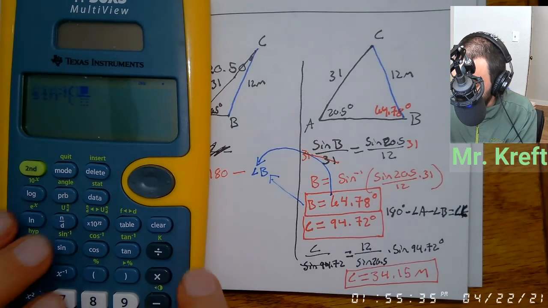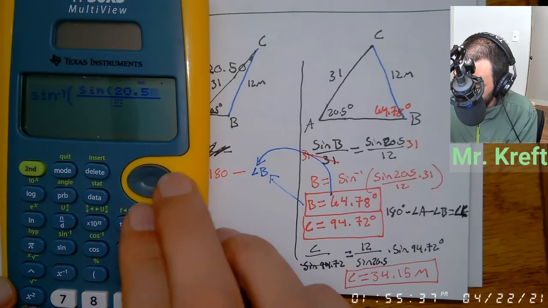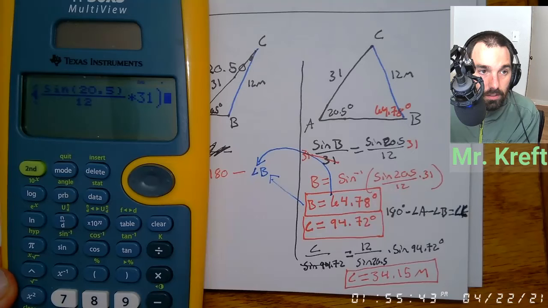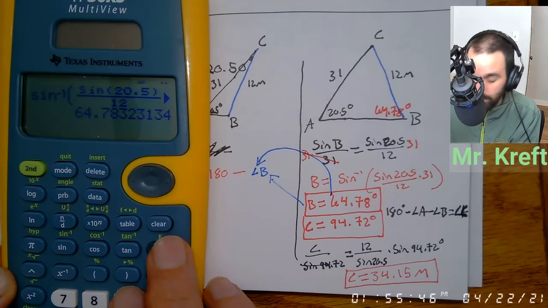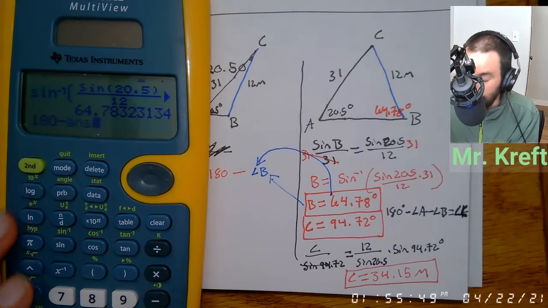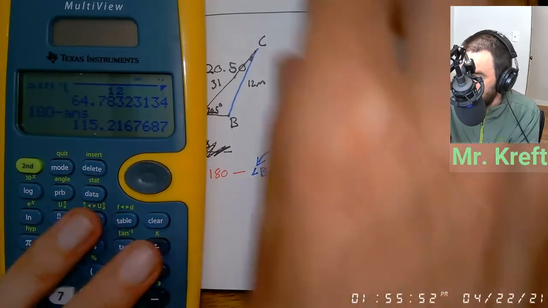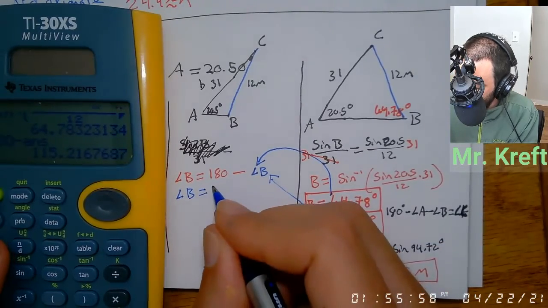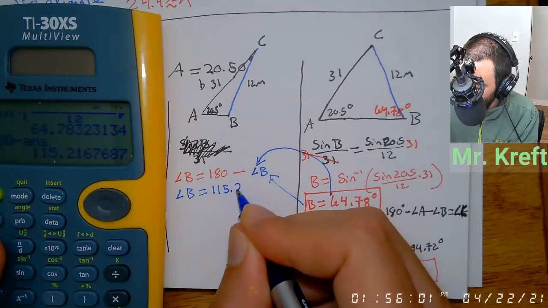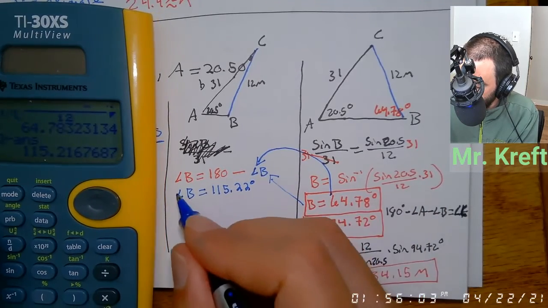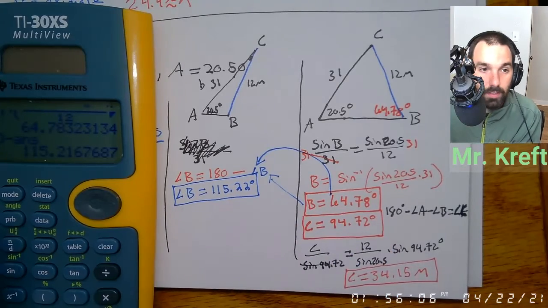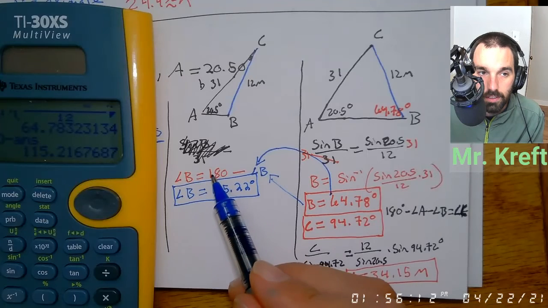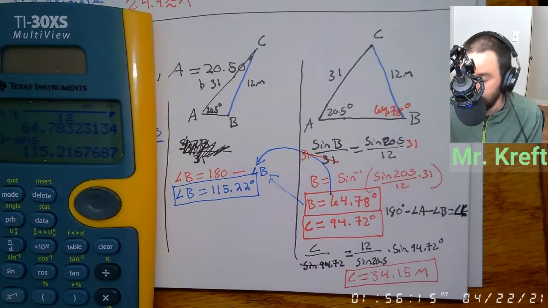So I'm going to do sine inverse of sine of 20.5 over 12 times 31, close parenthesis. So that's that. So I can go 180 minus my answer. And then that's what my angle is. So angle B is going to be 115.22 degrees. Okay, so that's how you get the second angle. So once you get the acute version, you can just do 180 minus angle B.